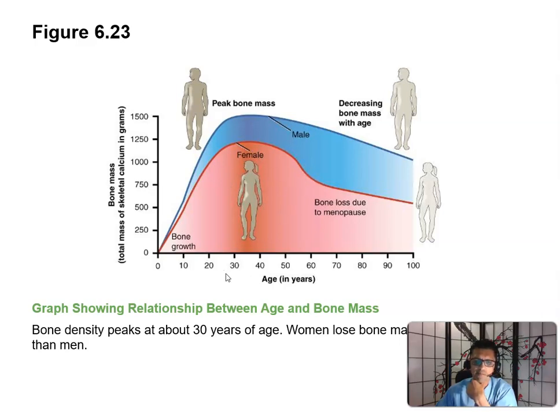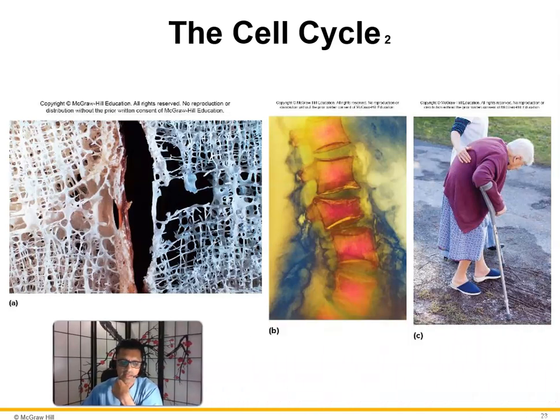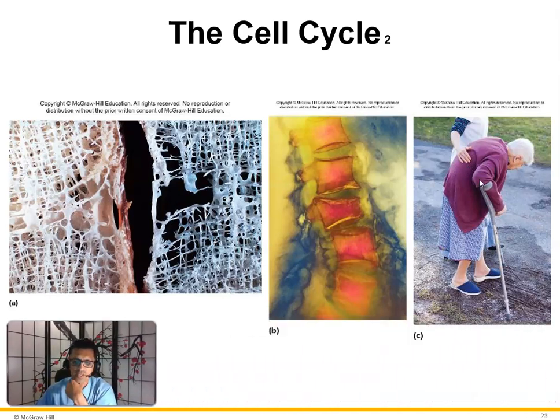Okay. So this is where it starts to go down, and this is what we call flexed posture, and she can get the dowager's hump that we've seen in some patients. Okay, the best thing to encourage is exercise, walk, and take vitamin D and calcium.